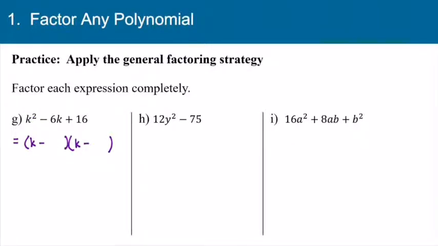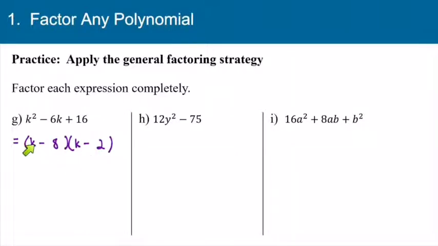And then 16 could either be 1 times 16 or 4 times 4 or 8 times 2. Those are our only 3 choices. So the first thing I'm going to do is try 8 times 2. And let's check our middle term. You might be thinking that negative 8k plus 2k would be negative 6k, but here we don't have the plus 2k.